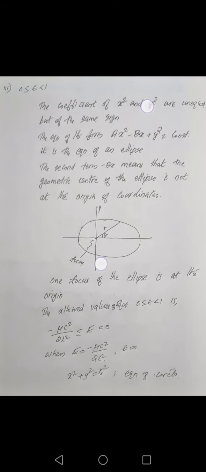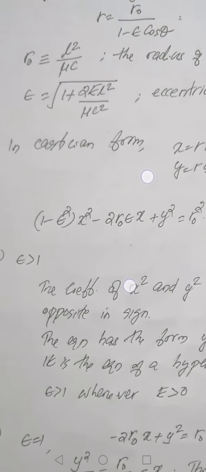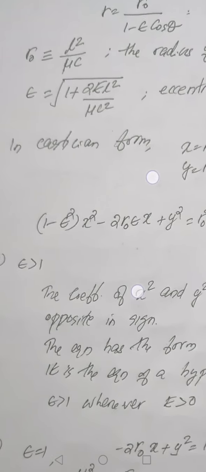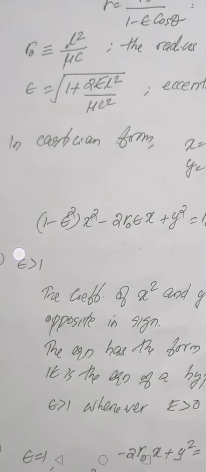Now the third condition. Third condition is epsilon in between 0 and 1. So what happens in this equation? It will never be equal to 1, it is less than 1, so this quantity becomes positive. So the coefficients of y square and x square will be positive but unequal.